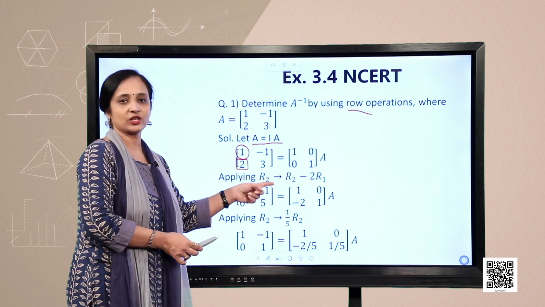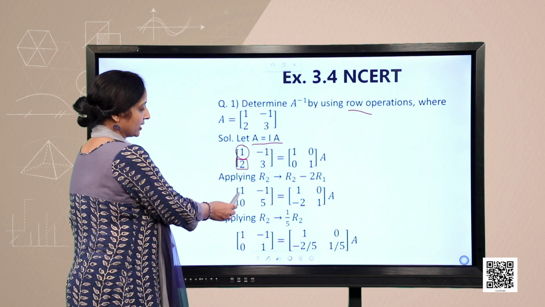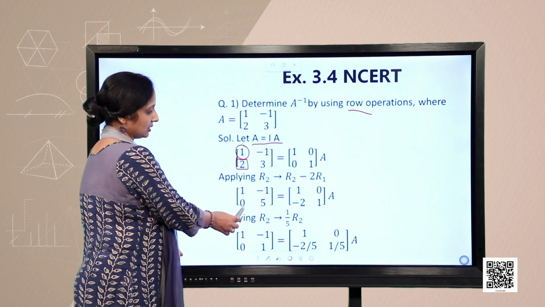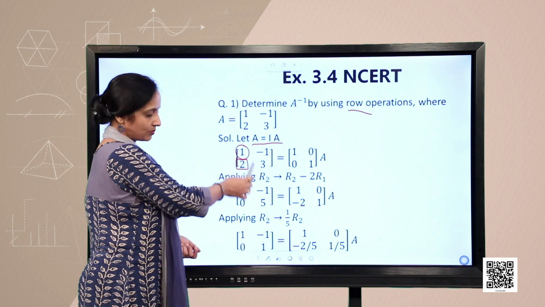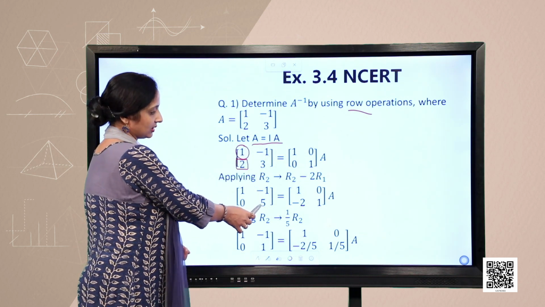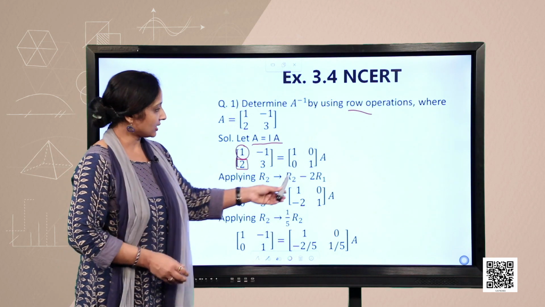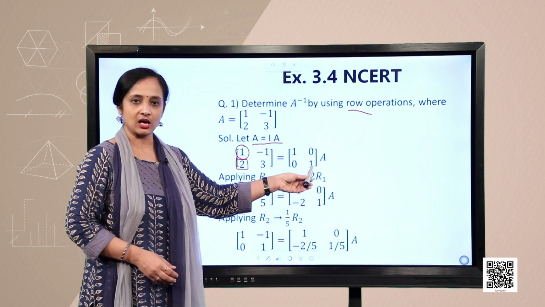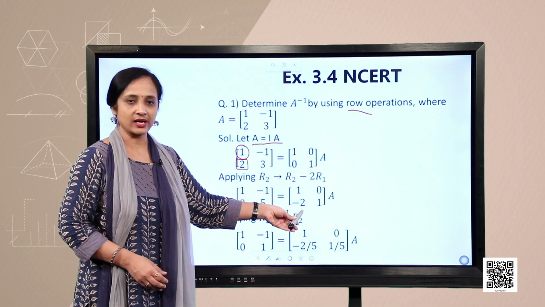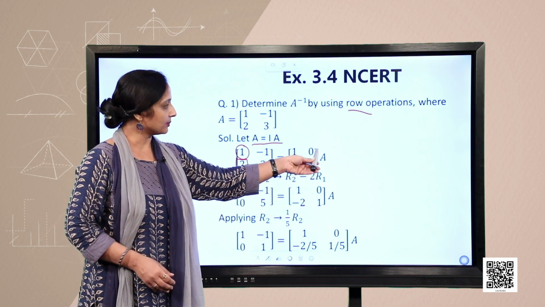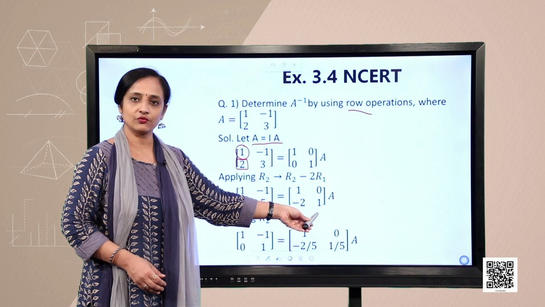That is how this operation has been used. So this becomes 0 here, 3 minus 2 into minus 1 makes 3 plus 2, 5. The same changes have to be made in this R2 here. 0 minus 2 gives you minus 2. 1 minus 0 gives you 1.